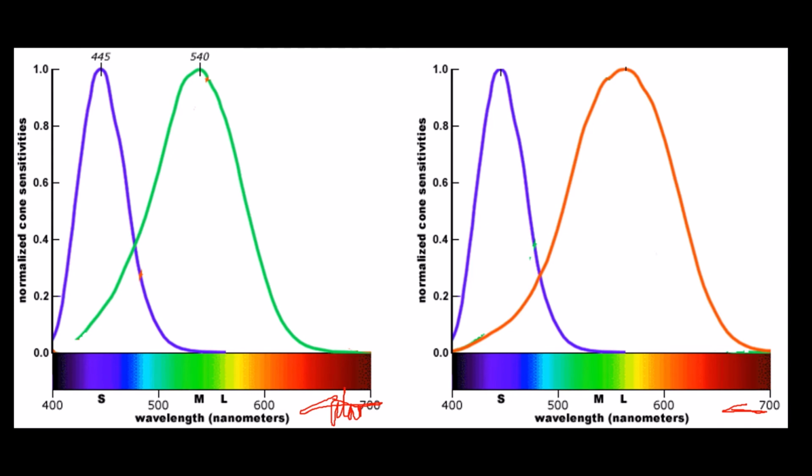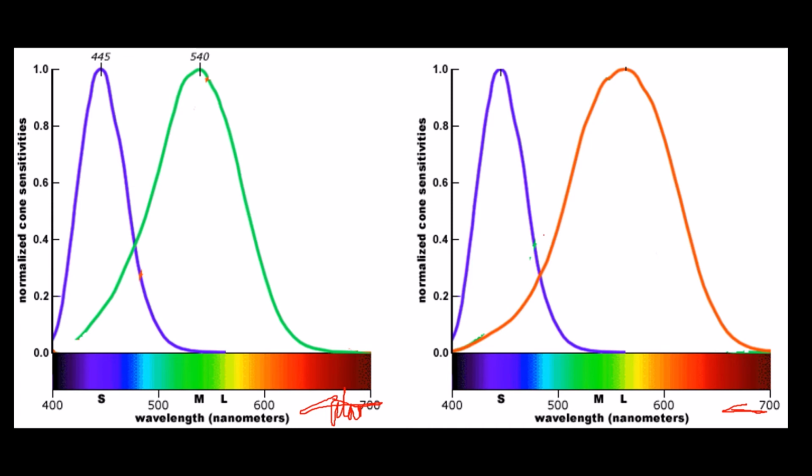Of course, there is the other side of that coin, which is that in this part of the spectrum, in the sort of blue region, you can see that the person who has the green receptor, the medium range receptor, knocked out has quite low sensitivity in this part of the spectrum.